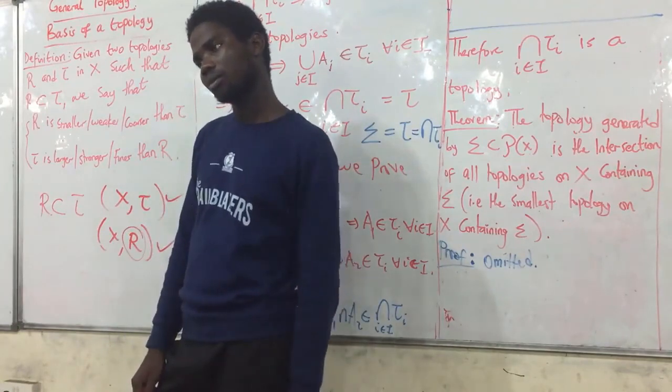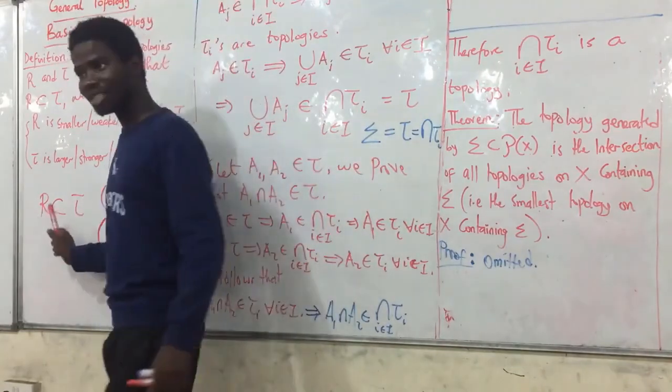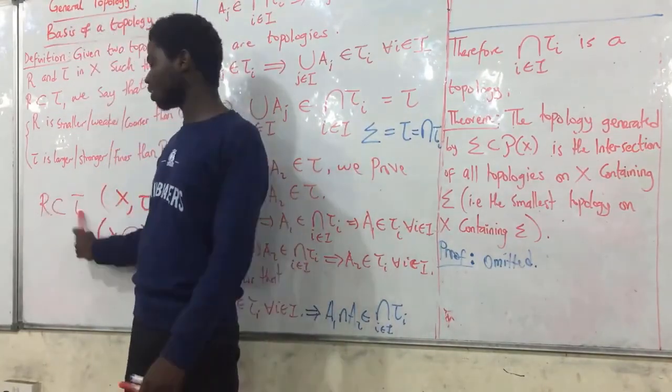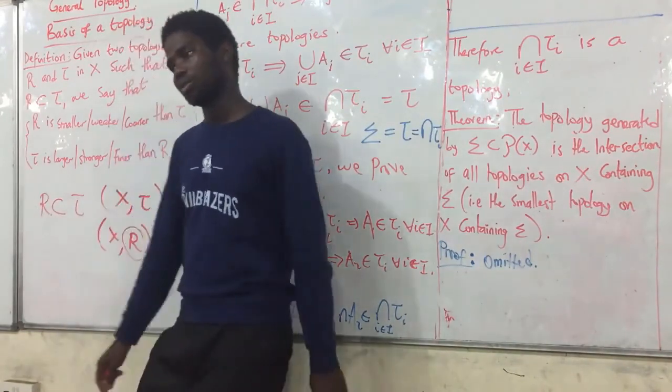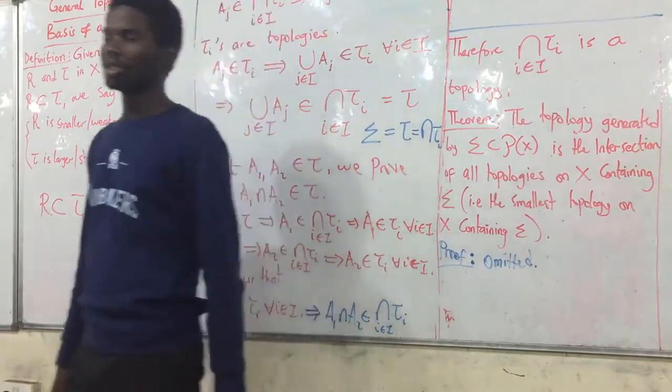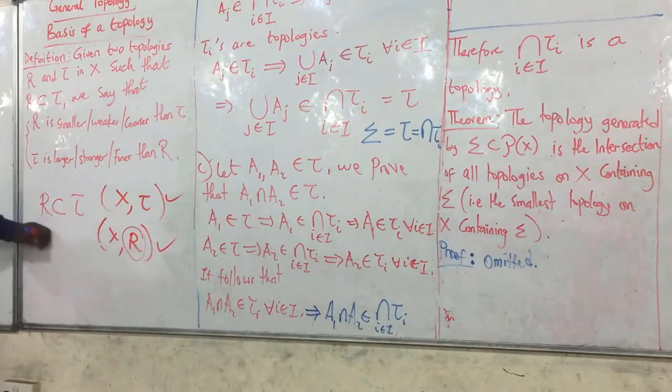R is smaller than tau, isn't it? The subset. Or R is weaker than tau, or R is coarser than tau. Or we say tau is larger than R, or tau is stronger than R, or tau is finer than R. Do you understand?